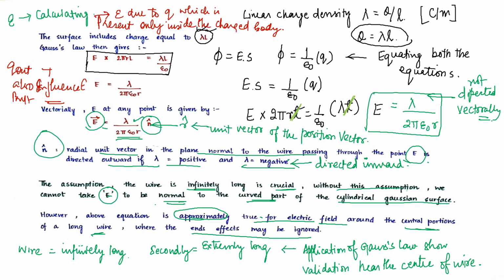So that is one thing, and I'll just summarize how we have derived this. I'll make a diagram, and then we will move to the next part of the same topic.